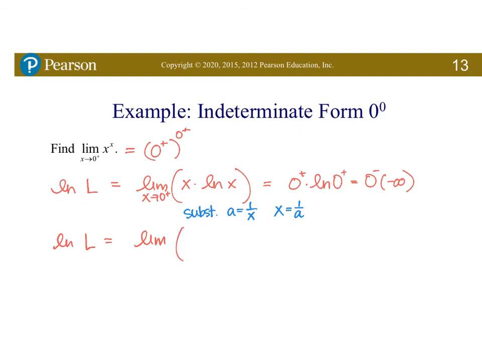So what I'm going to get now when I do that substitution is 1 over a times the natural log of 1 over a, and a is going to approach infinity. If x approached 0 from a positive side, then a is going to approach infinity from a positive side as well.